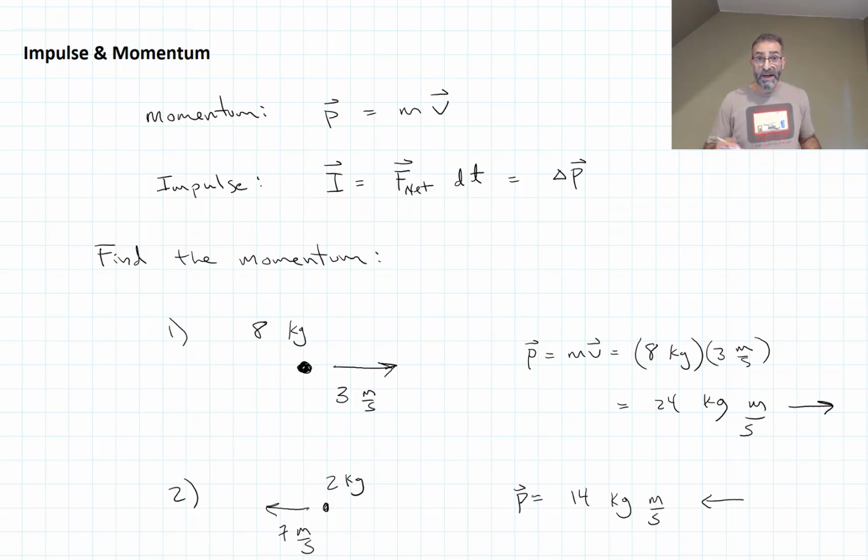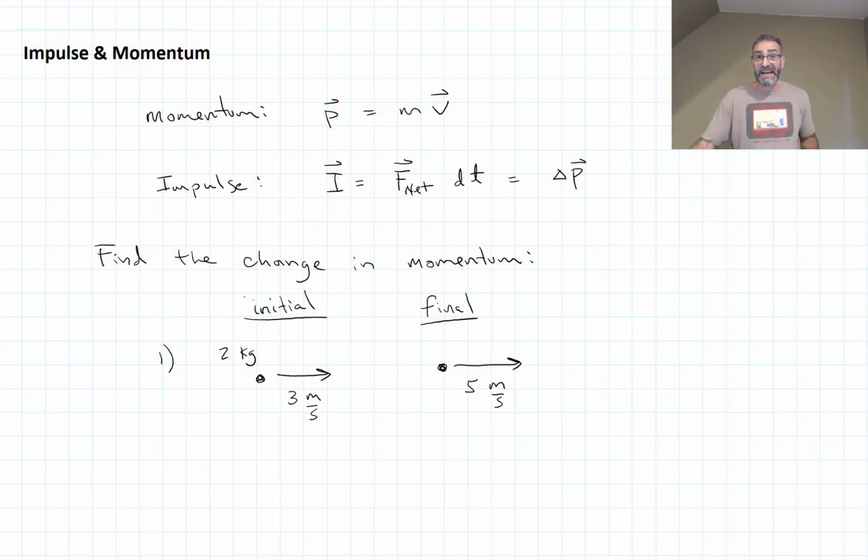If you put on your paper somewhere a coordinate system, then you could write this as negative 14 kilogram meters per second in the x hat or i hat direction. You can use unit vector notation. But if you don't do this step, you better not put a negative sign down. It's meaningless without a definition of what your positive direction is.